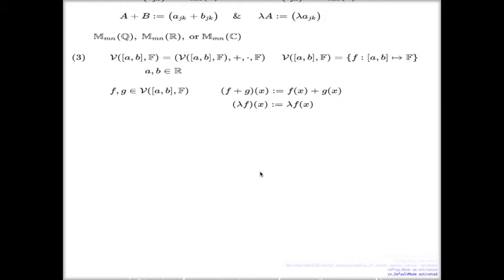Scaling, same story. It's a point-wise scaling. Like it or not, that's the fourth different meaning for the same symbol plus and the same symbol dot on the same one particular slide.